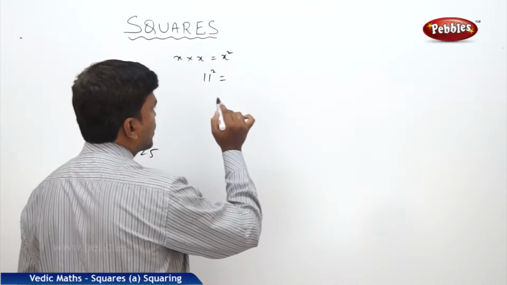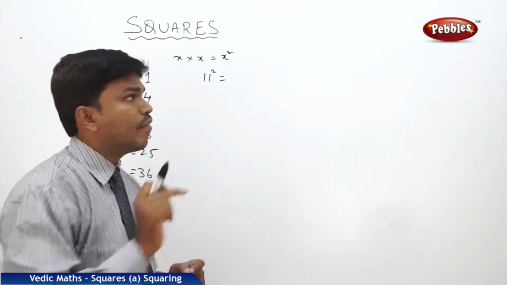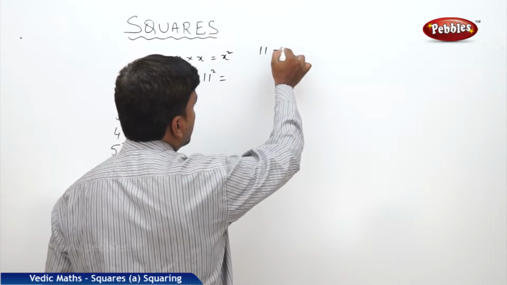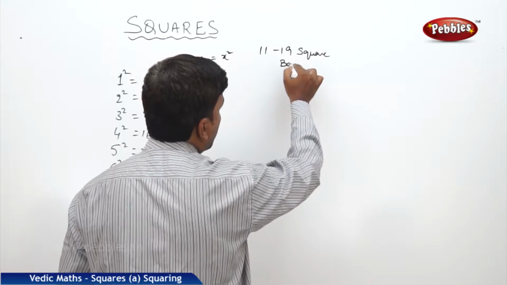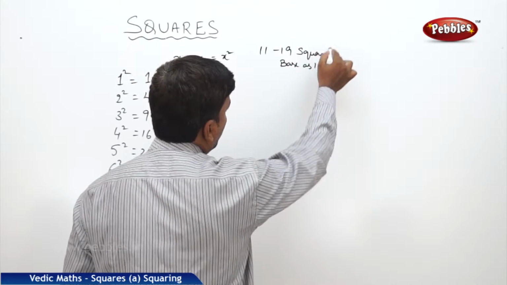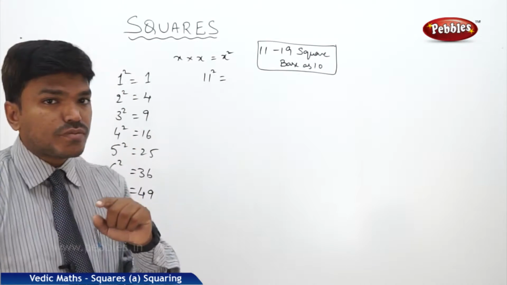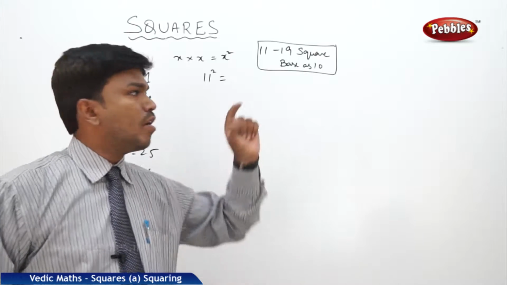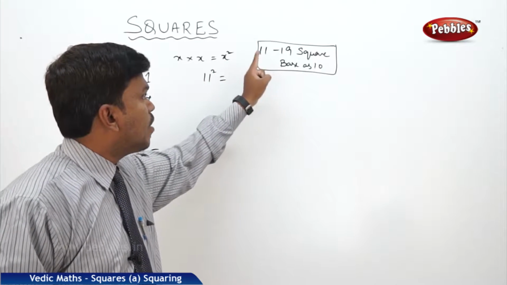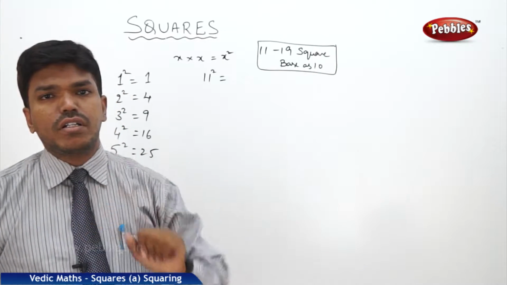Simply do one thing: from 11 to 19 squares, we take the base as 10. Keep this in your mind. We will compare the number with 10 every time, whatever square we handle between 11 and 19.